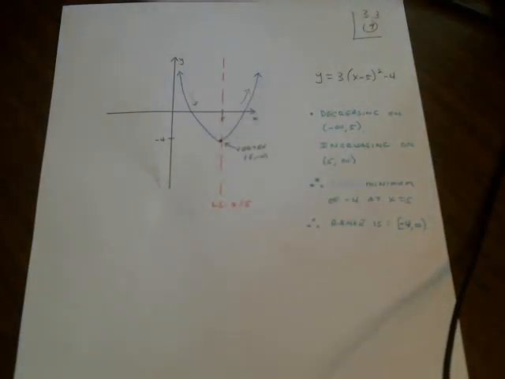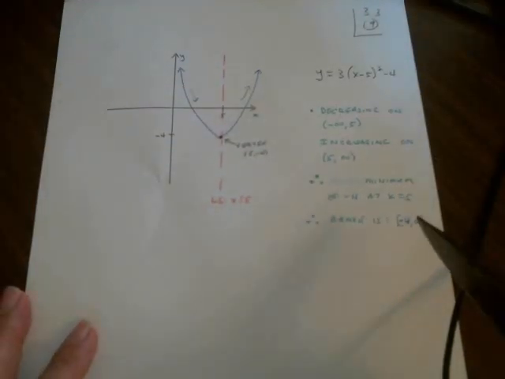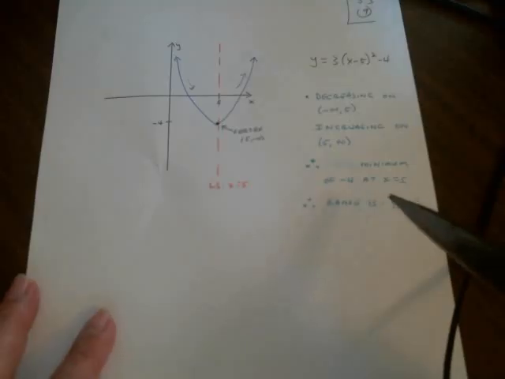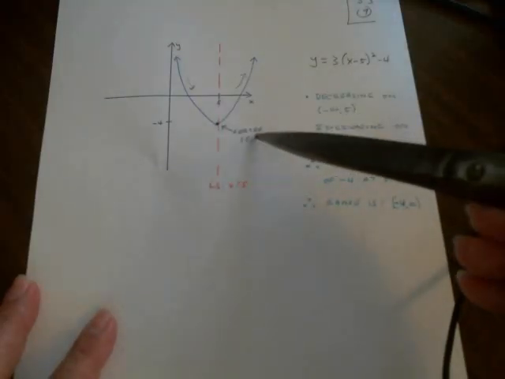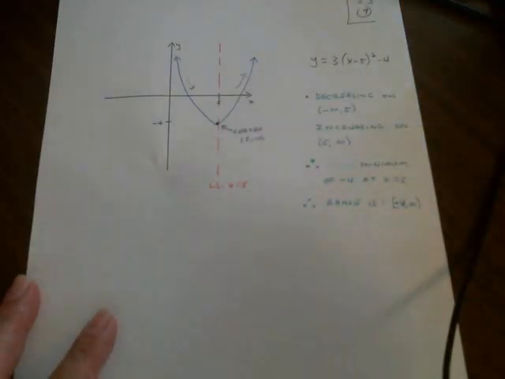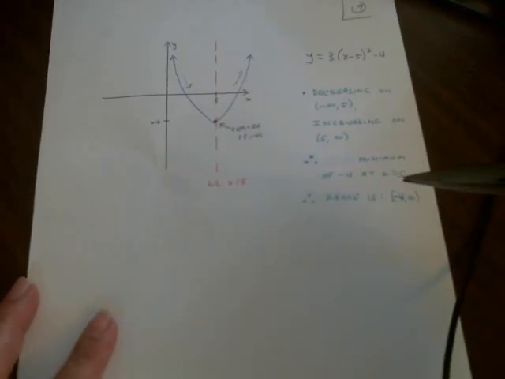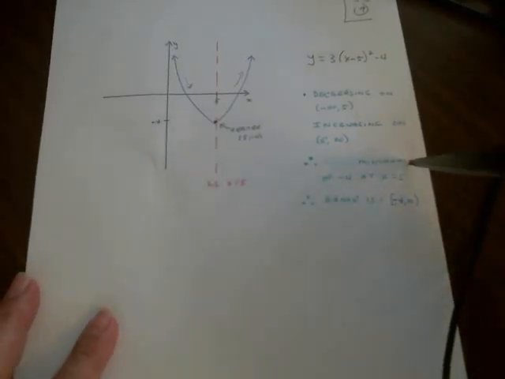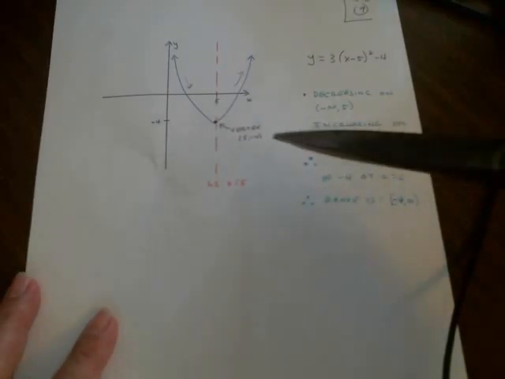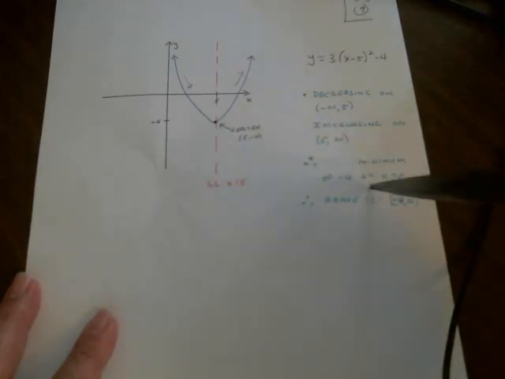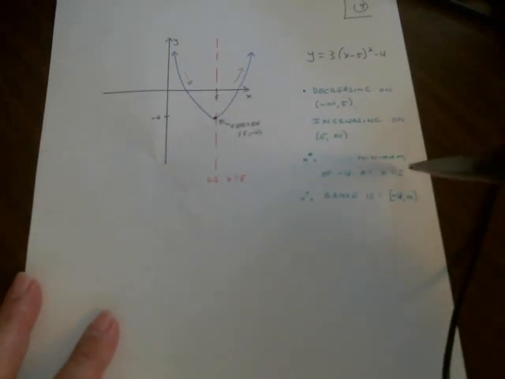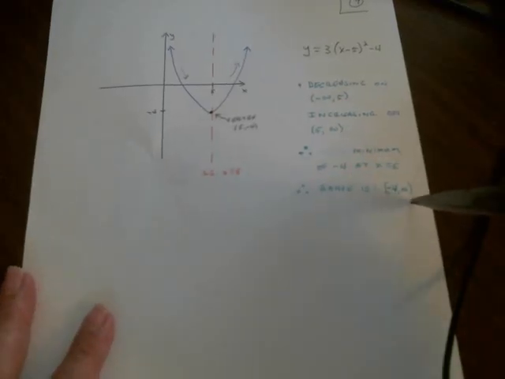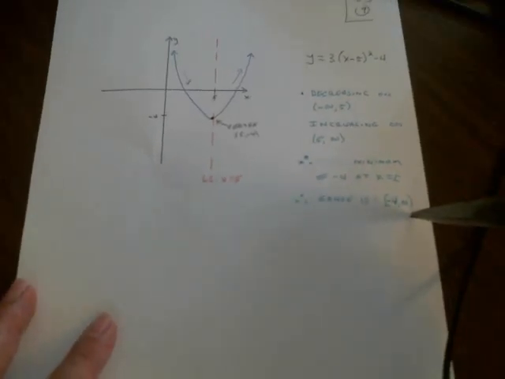If that's okay, it follows by definition that we have a minimum value of the function. Try to keep this straight: a minimum value of negative 4, which is the y value, at a particular x value, x equals 5. Given this minimum value of negative 4, the range comes out automatically.